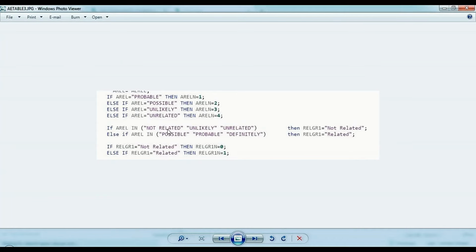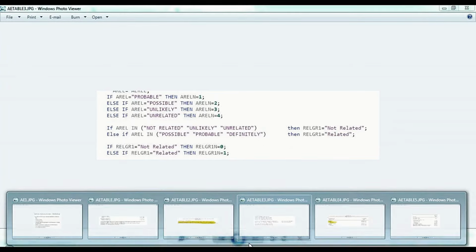Not related categories are not related, unlikely, and unrelated. If you are not creating this and they ask only for subjects related to the adverse event, you won't know which one is related and which is not, even though AREL is there. So possible, probable, and definitely come under related; not related, unlikely, and unrelated come under the not related category.